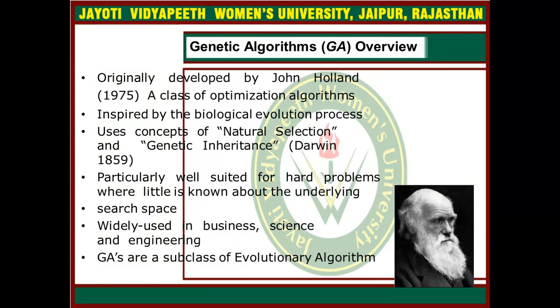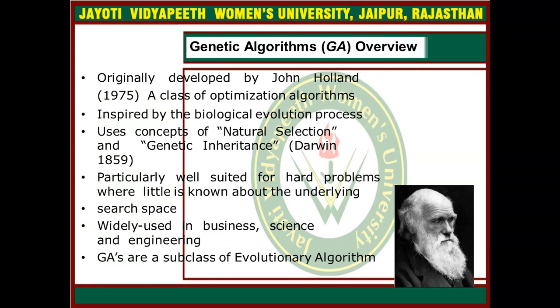Let's start with the overview of genetic algorithm. Originally, this genetic algorithm was developed in 1975 by John Holland, a class of optimization algorithms. He was inspired by the biological evolution process, so he developed this genetic algorithm.